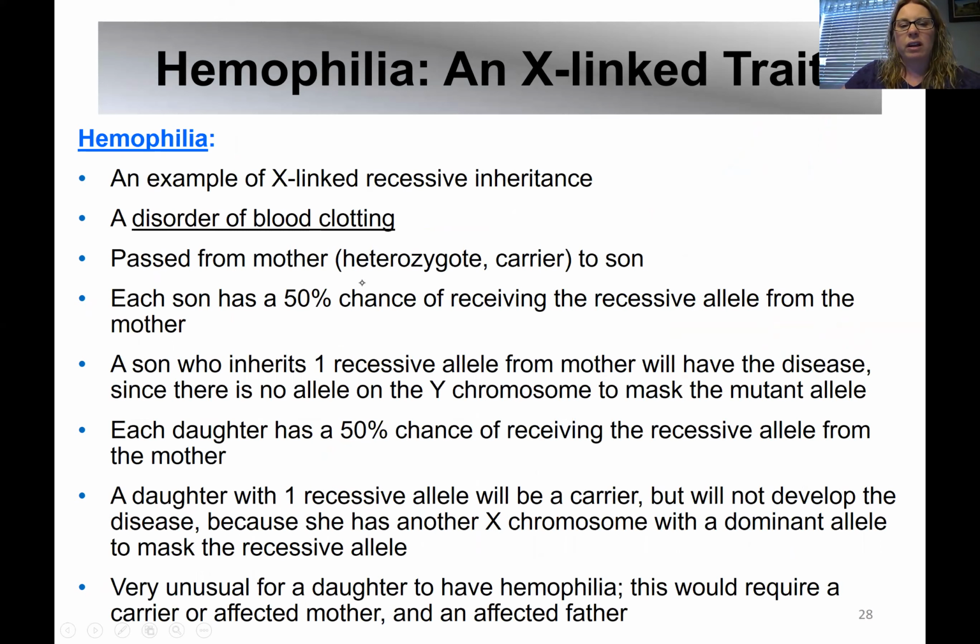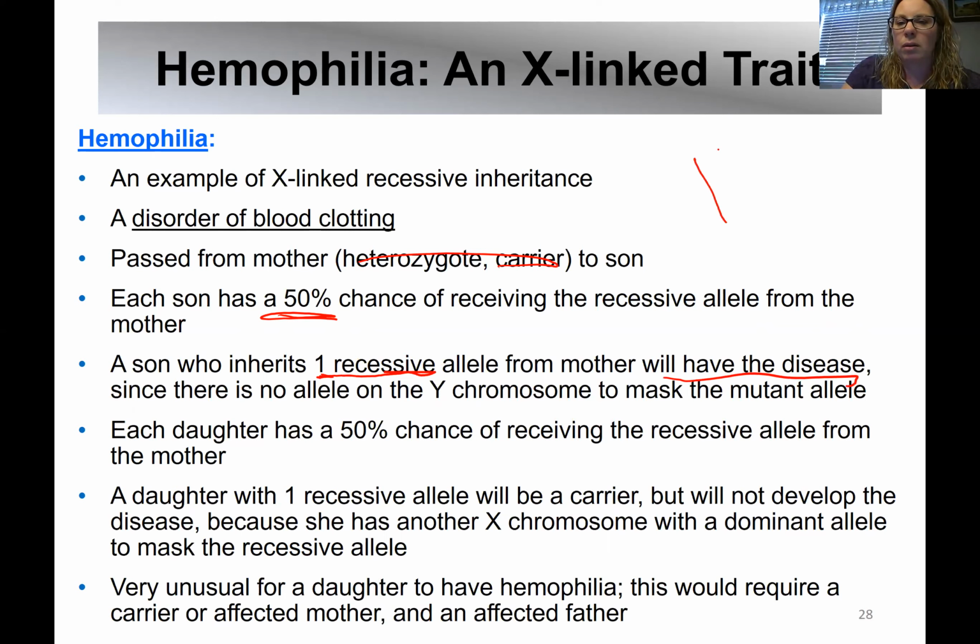Okay, so this hemophilia can be passed on from a mom to a son, or to a daughter as well. The son has a 50-50 shot of receiving a recessive allele from a mom that's a heterozygote carrier. So a son that inherits 1 recessive allele will have the disease.